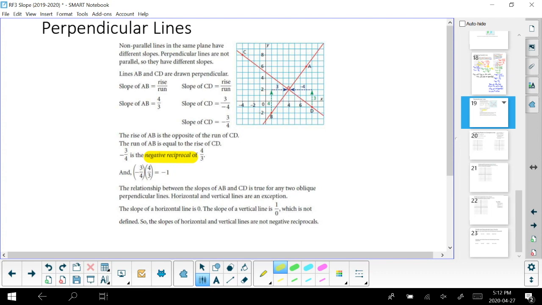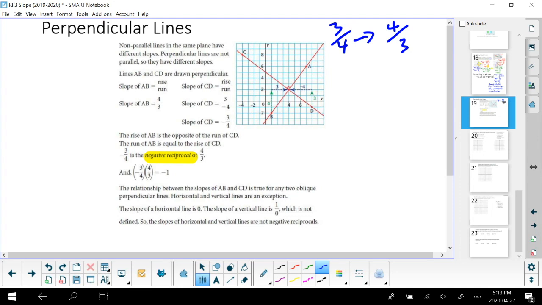Now let's review a little bit about what reciprocals are. So just the regular reciprocal just means that if I were to take a fraction of 3/4, the reciprocal of 3/4 is just 4 over 3. All we are doing is we are flipping your numerator and your denominator. So we're moving the top and the bottom numbers, we're switching their positions.